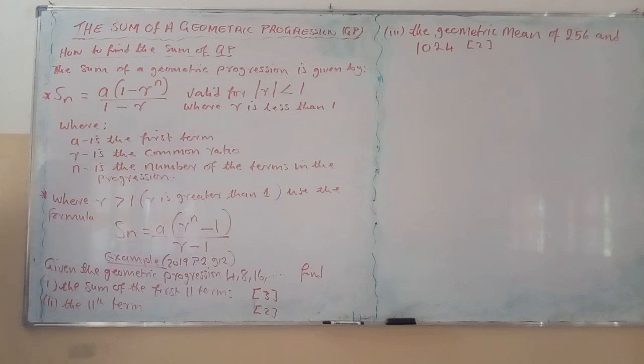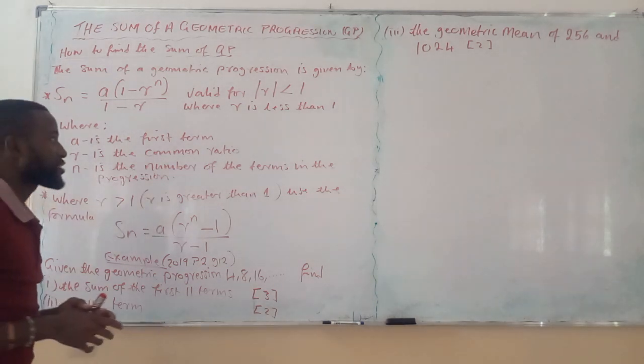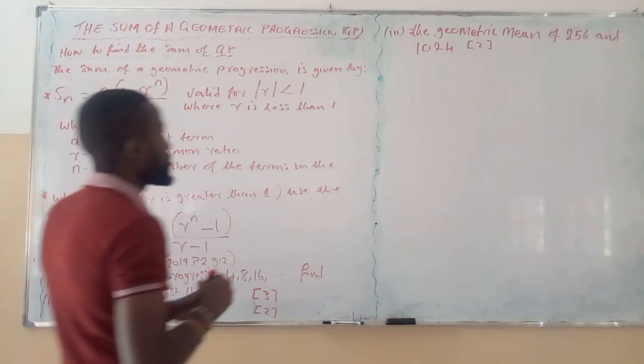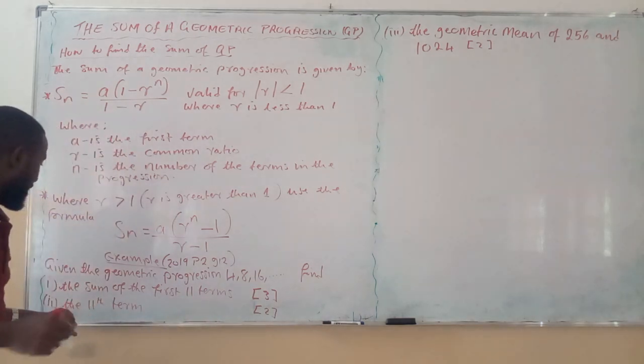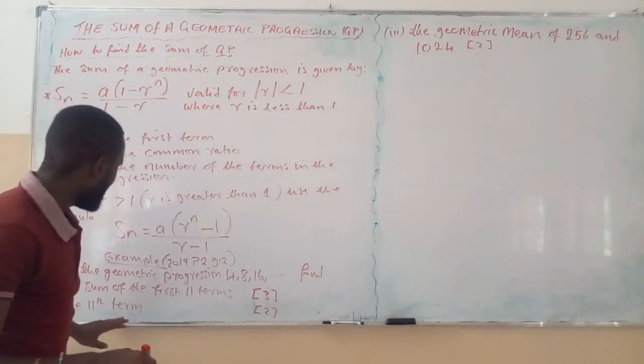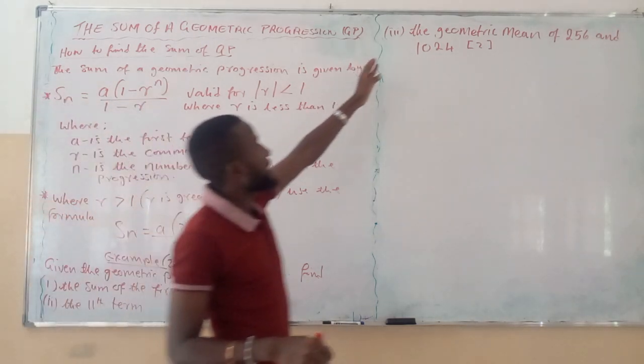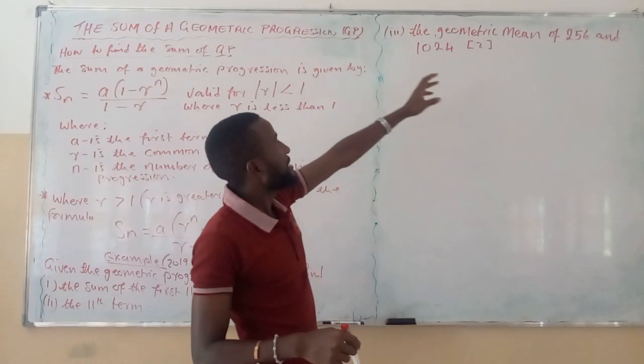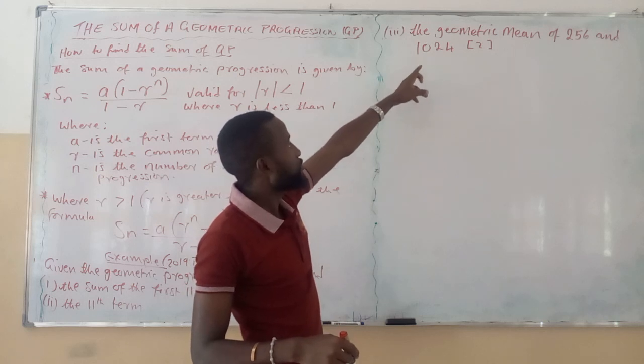Example number 1. Given the geometric progression 4, 8, 16, find the sum of the first 11 terms. That is what they're asking us to do. After finding the 11 terms, we need to find the geometric mean of 256 and 1024.